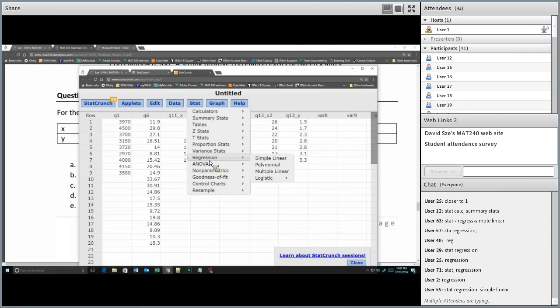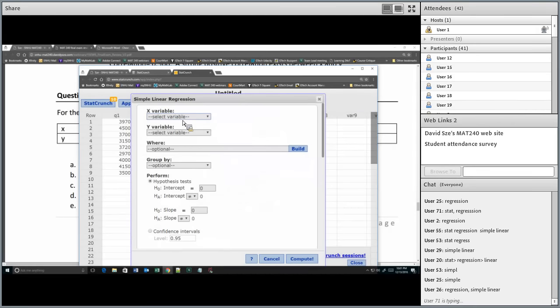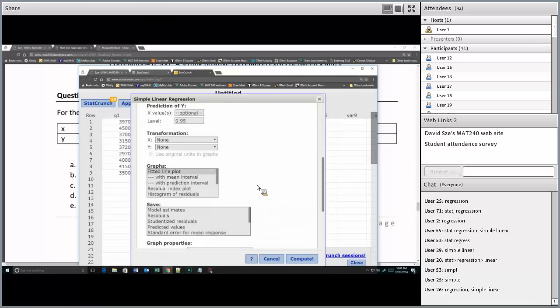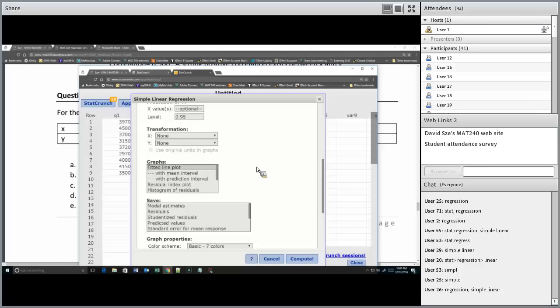Stat, I'm going to go to regression. Okay, stat, regression. And then simple linear is what I'm looking for. Very good. My x again is the same data here as 11. And my y is this. And what did I say about this regression here? What did I tell you guys to always do?